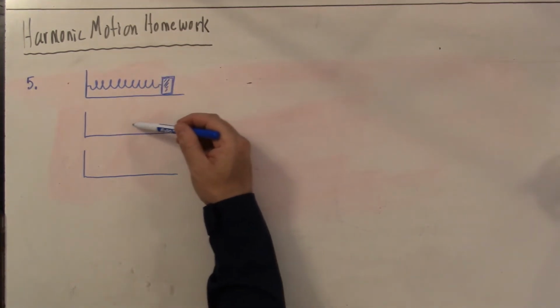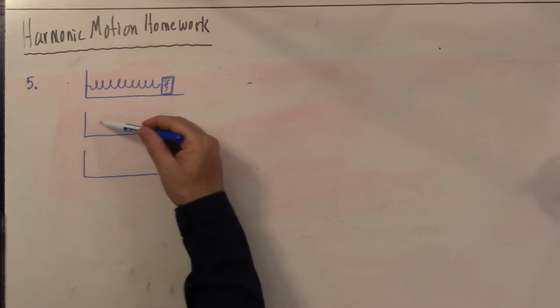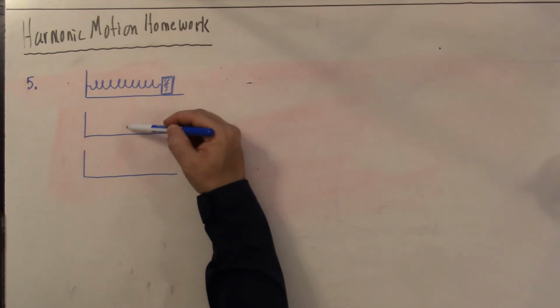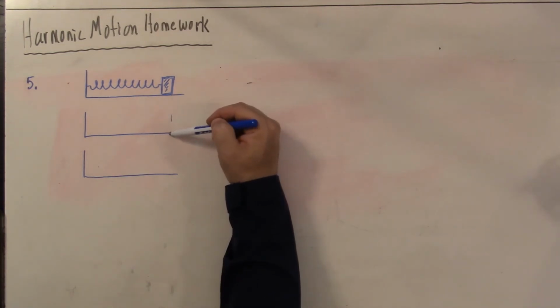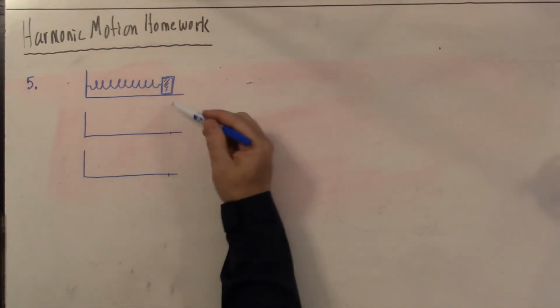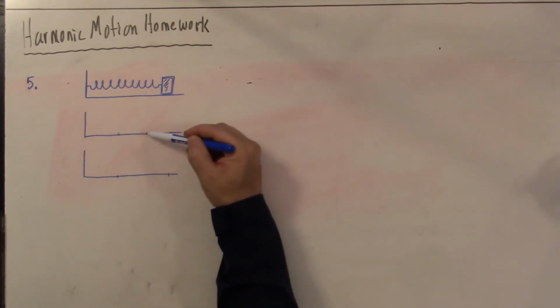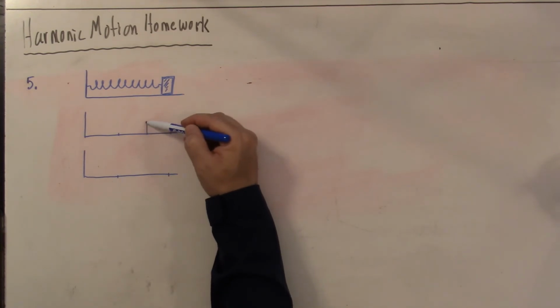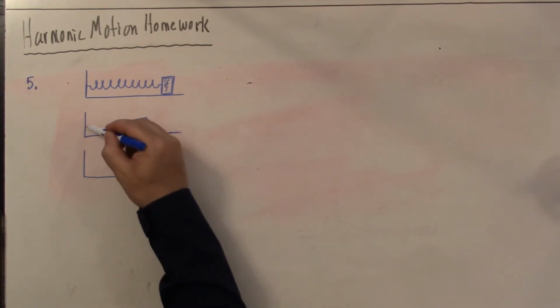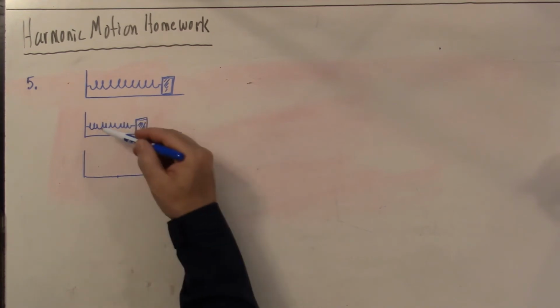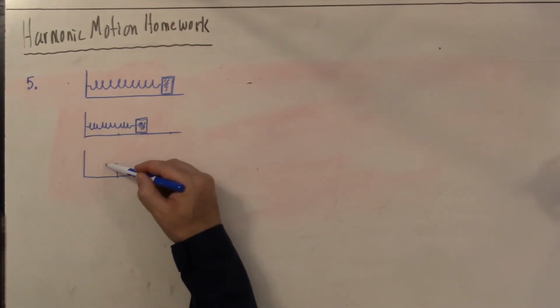And it's going to slide in, and then come to a stop, and then slide out, and come to a stop, and slide in, and come to a stop, and slide out, and come to a stop. So at some point, it's way out here. And then later on, as it's sliding in, it's sliding in, and then eventually it gets here.